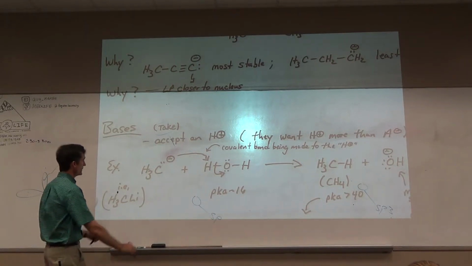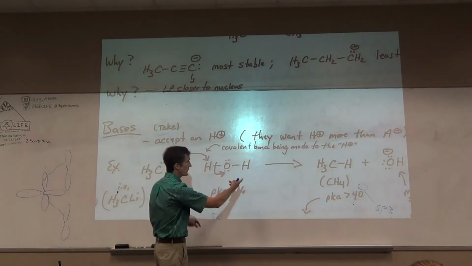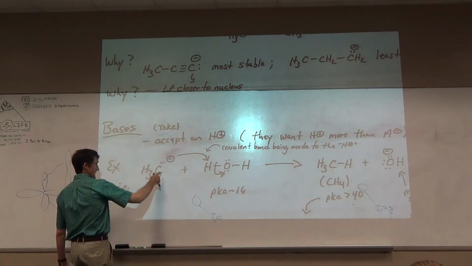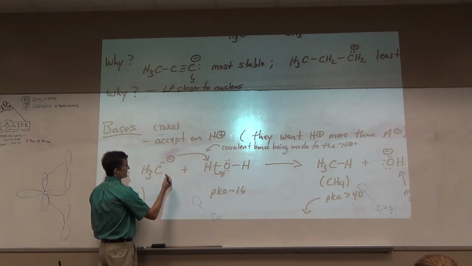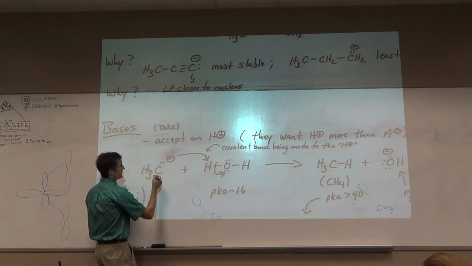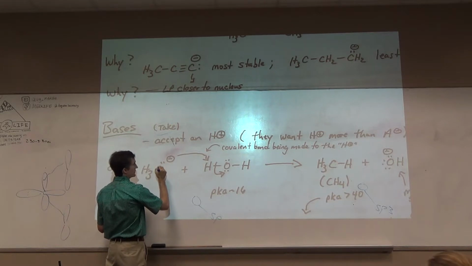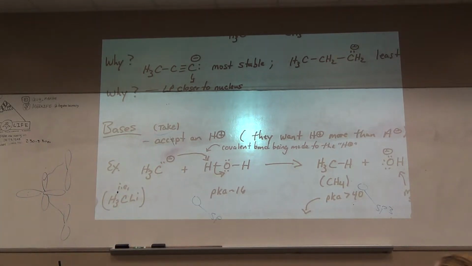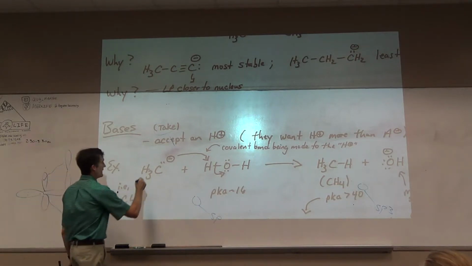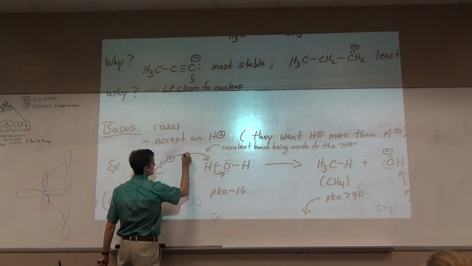Acid-base reactions. Here we go. We got this carbanion. You put it in water. What's going to happen? I tend to circle lone pairs more and more. Good old acid-base mechanism, right? You've been doing your acid-base mechanism, working on the warm-up question, et cetera. These electrons, here we go.